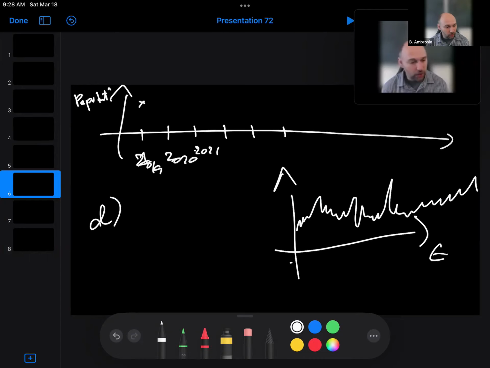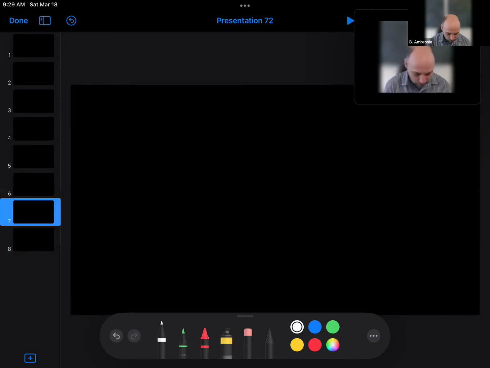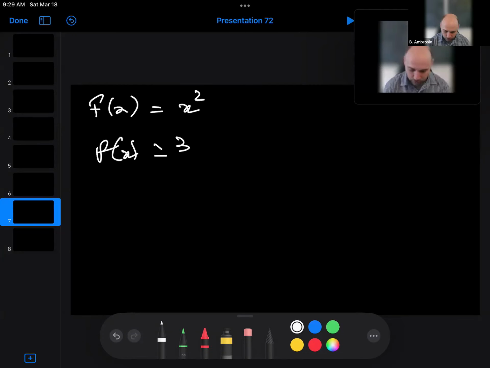Okay, so I will stop with examples now and move to a more mathematical way. The expression is given, for example, f of x equals 3x squared plus 2x.